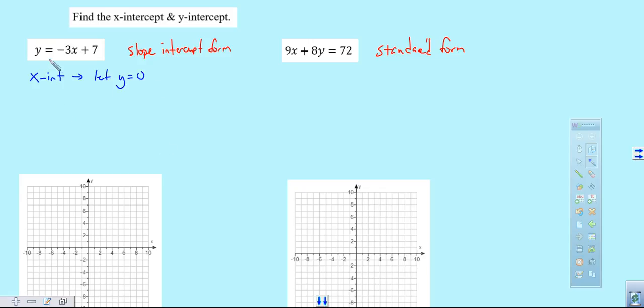So I look at this equation: 0 equals negative 3x plus 7, and I solve that equation for x.